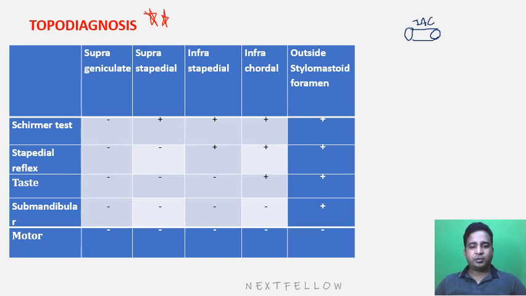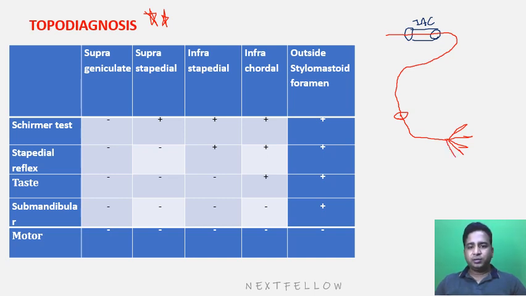And how does this facial nerve run? After emerging from the pontomedullary junction, the facial nerve enters the IAC, then forms the first genu, then takes a horizontal course, again forms a second genu, and then runs vertically, exiting from the stylomastoid foramen, and then gives multiple branches in the parotid gland. Understood?